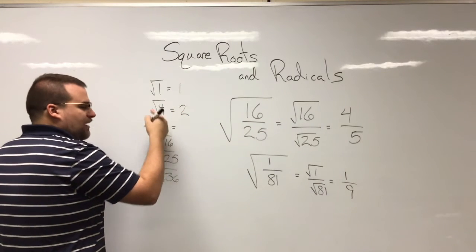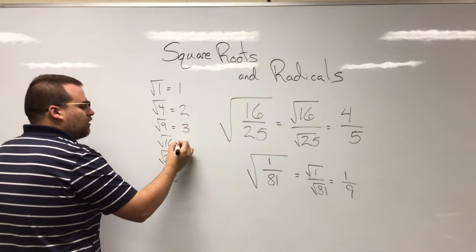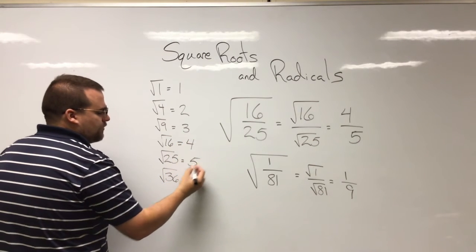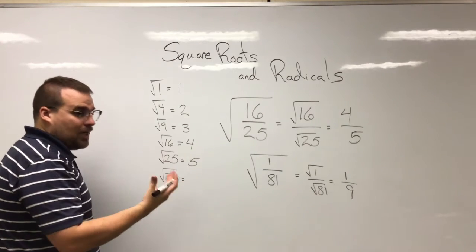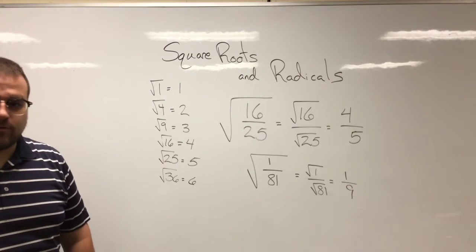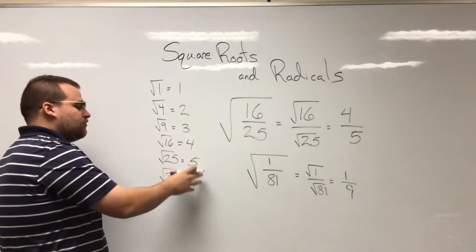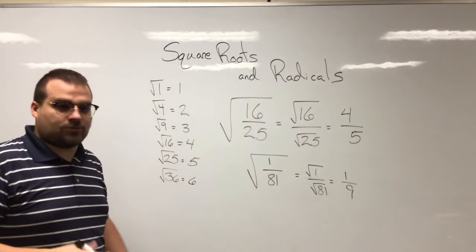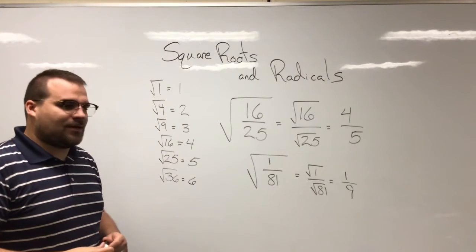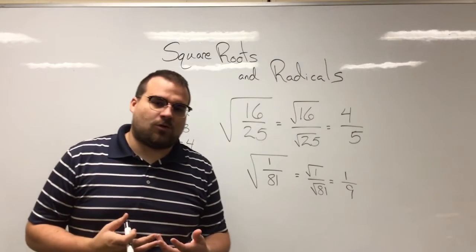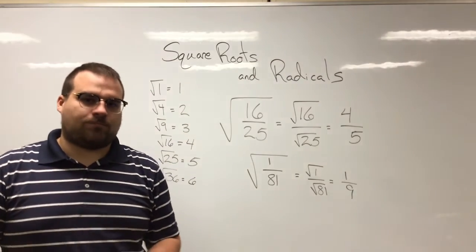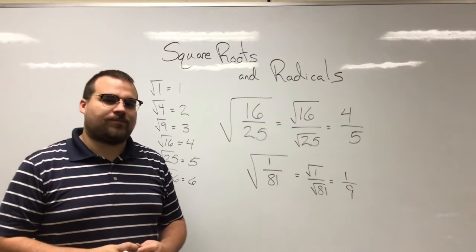These numbers on my left-hand column are our perfect squares, right? We've talked about those numbers that are the products of a number times itself. Perfect squares are able to be made into perfect square roots, I guess you'd say. And I would recommend being able to identify all the way up to the square root of 144, at least with perfect squares.